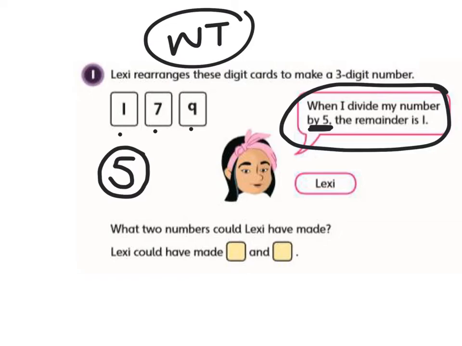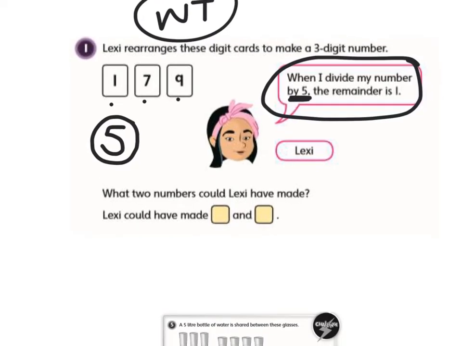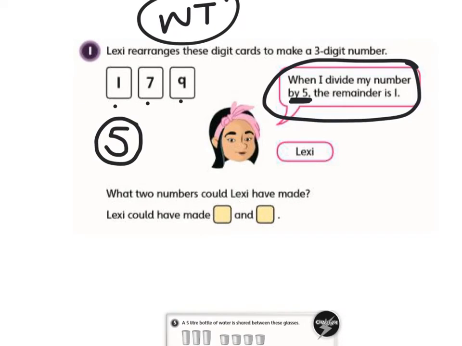Okay, so hopefully you've had a go at this one. Well, when she divides the number by 5, she gets a remainder of 1. Well, we know that all multiples of 5 must end in a 0 or a 5. So if you were to write those out, 0, 5, 10, 15, 20, 25, 30, 35, 40, they'll end in a 5 or a 0.